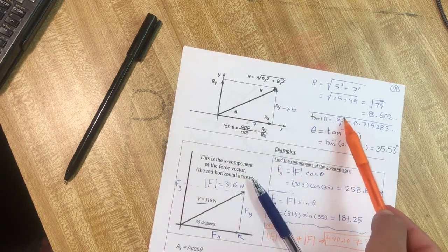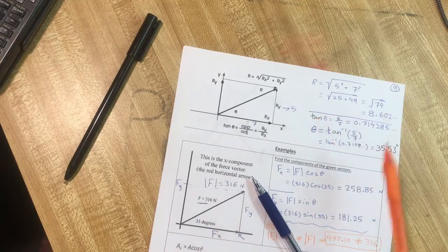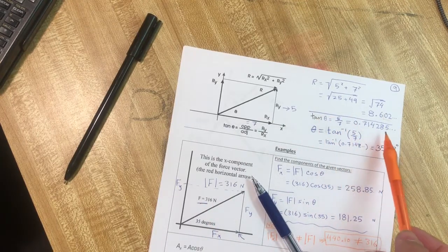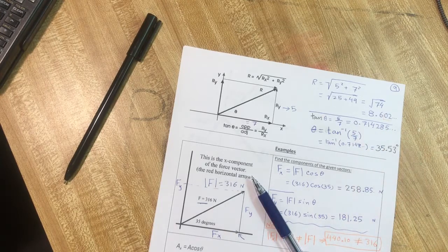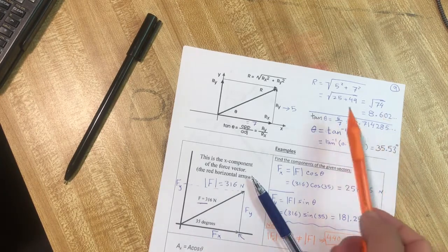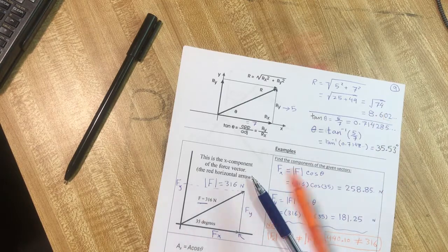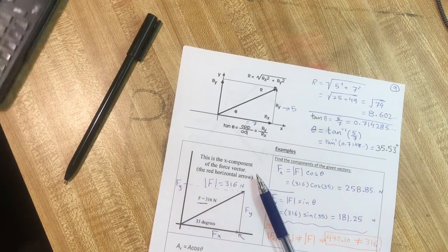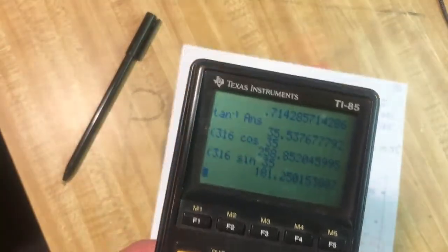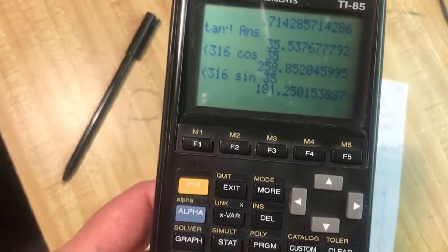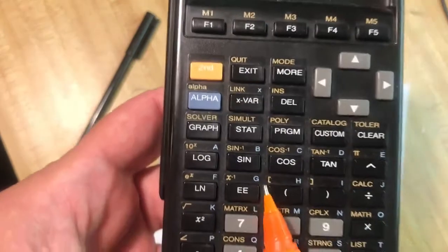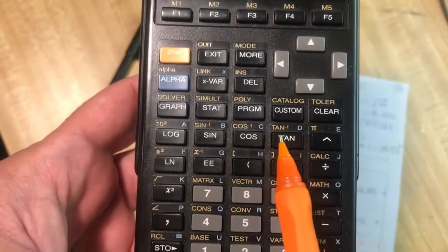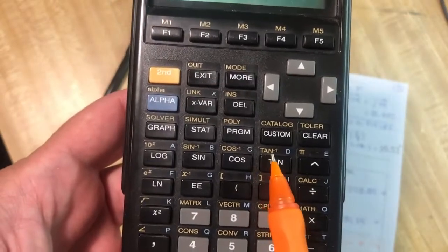Tan theta is equal to 5 over 7, which is 0.71428 and so on. We can also round it. For theta, we can use the inverse function from the calculator, which is sine inverse, cosine inverse, tan inverse. We are dealing now with tan.